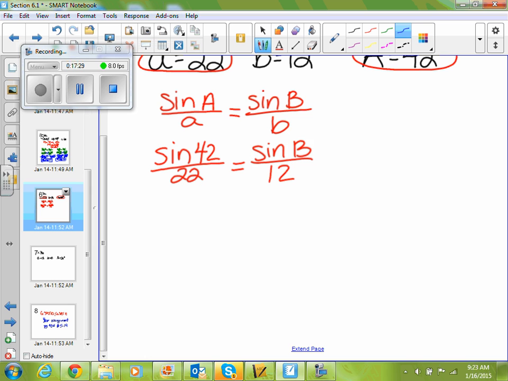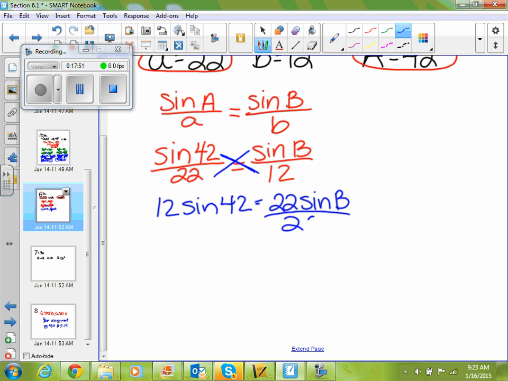If I cross multiply, I end up with 12 sine of 42 equals 22 sine of B. So I divide by 22.